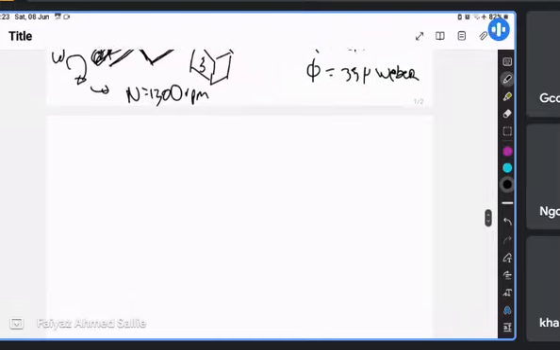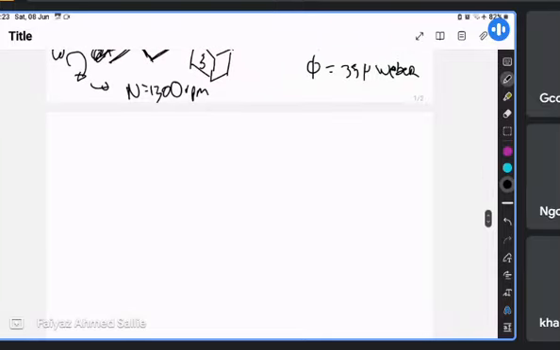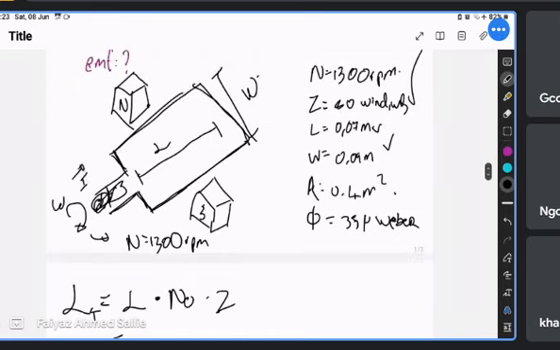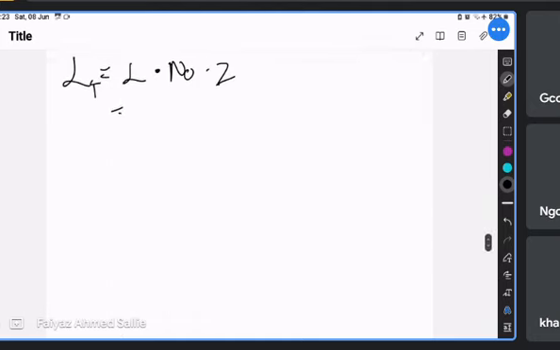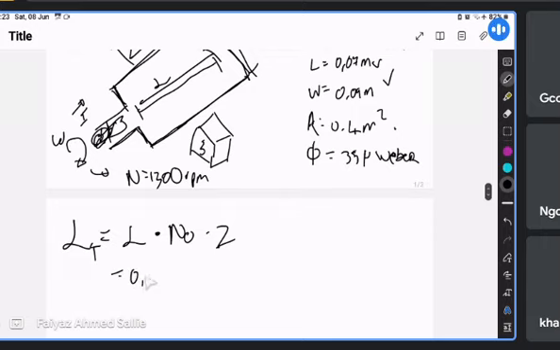So this is the question. The question wants us to calculate the EMF. So we have to first find the length. The total length is going to be the length times the number of turns times 2. So the length, this distance here, is how much? 0.07.